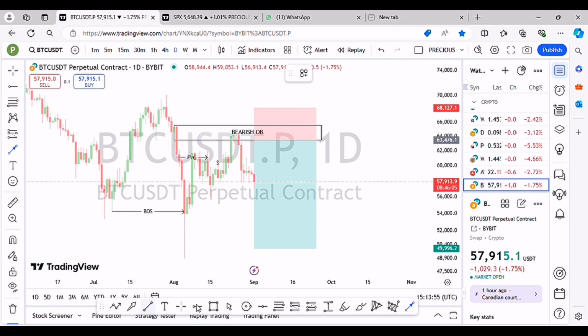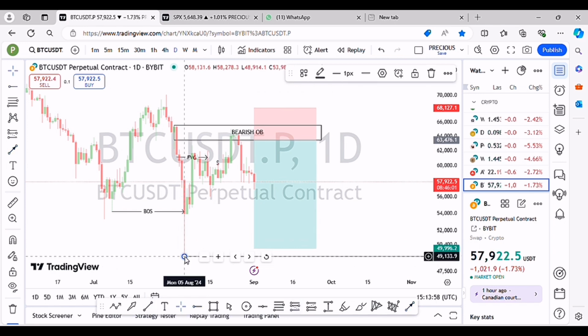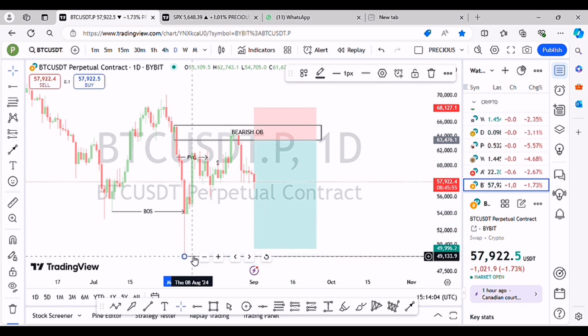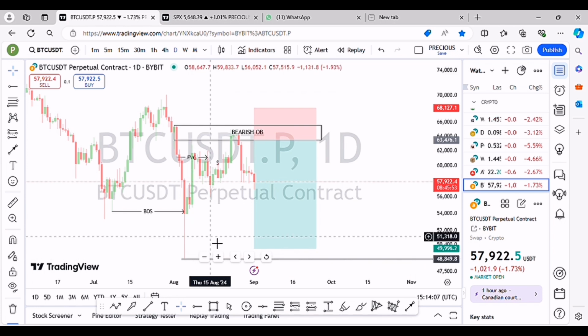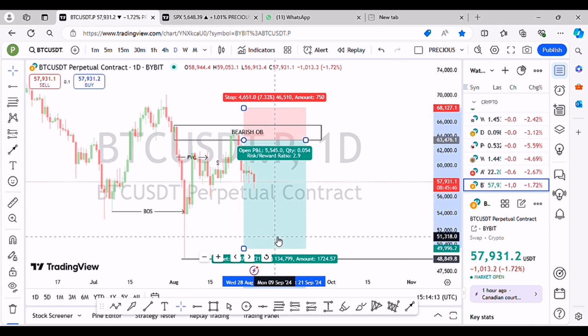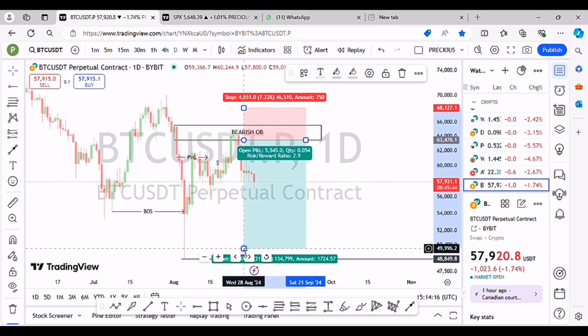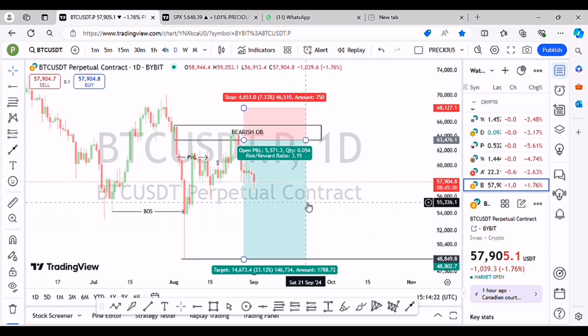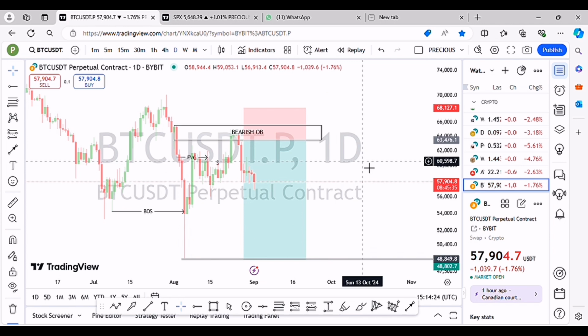And you have to drag it. So you take it downward to where your lower low is, so you make sure it aligns with it.